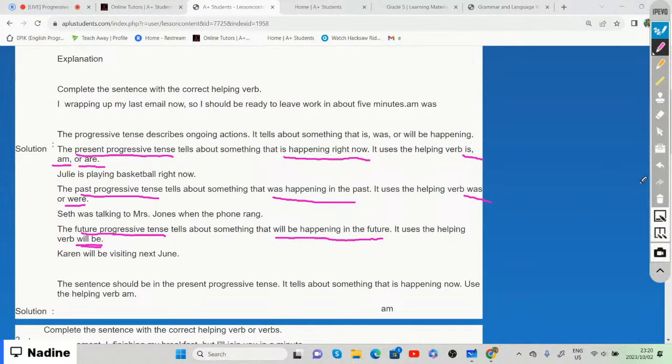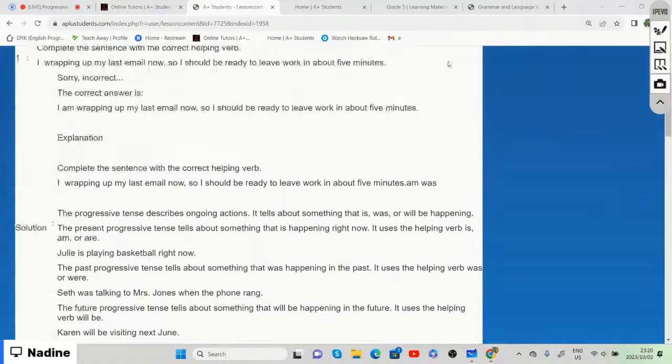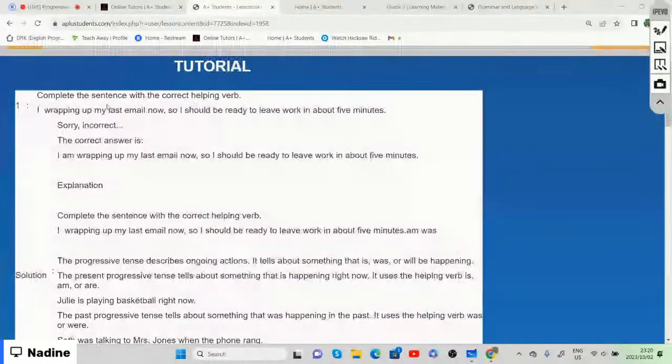All right. So now we are going to do an activity. We're going to have to complete the sentence with the correct helping verb.